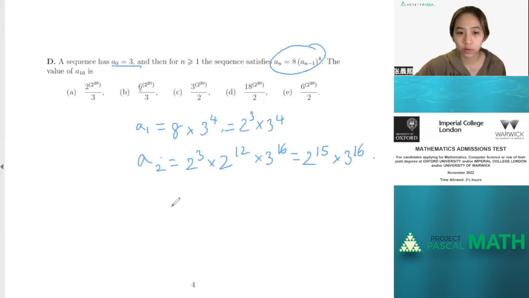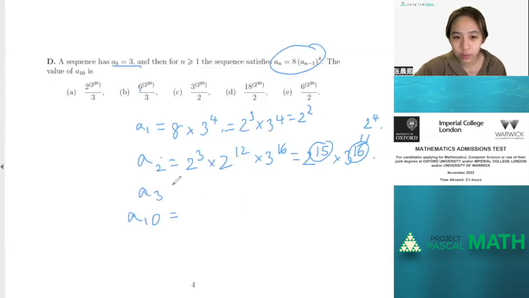And so you do realize that the power of 2 is always 1 less than the power of 3.